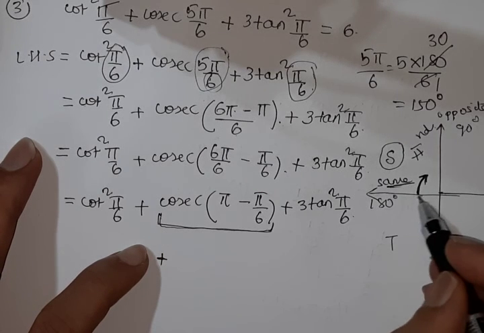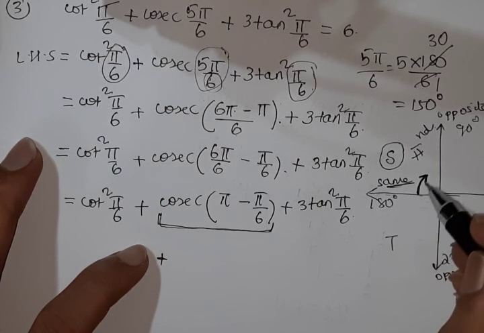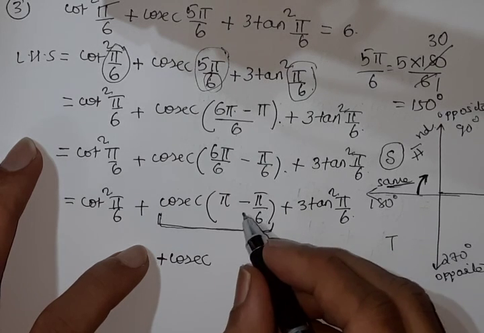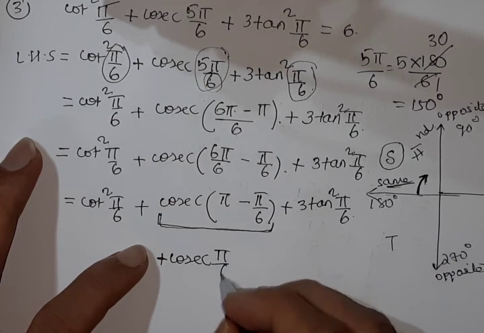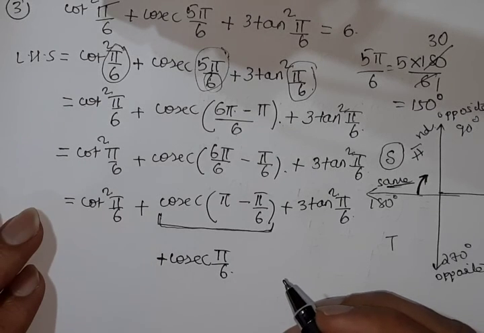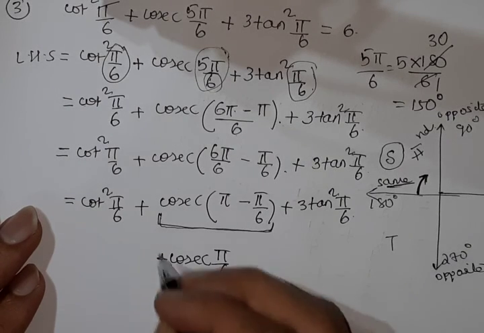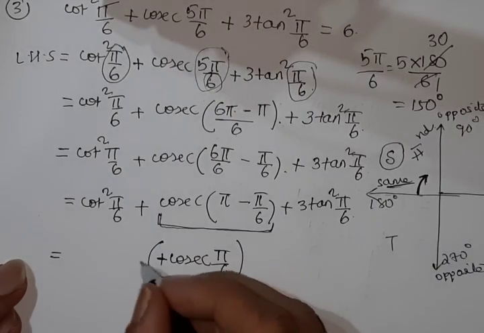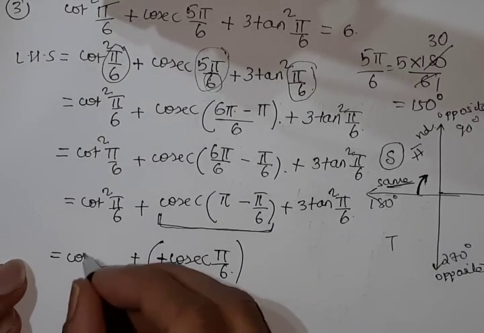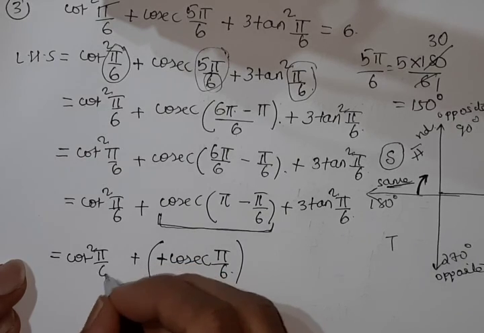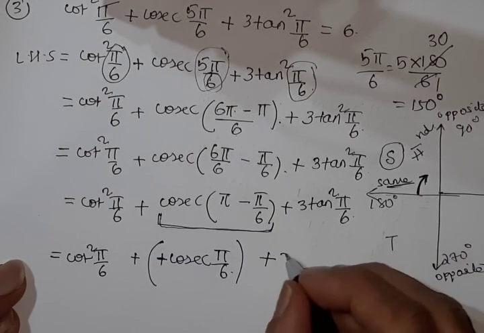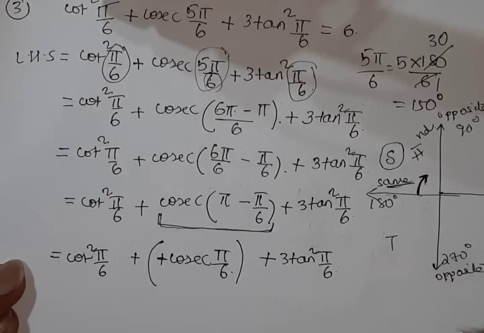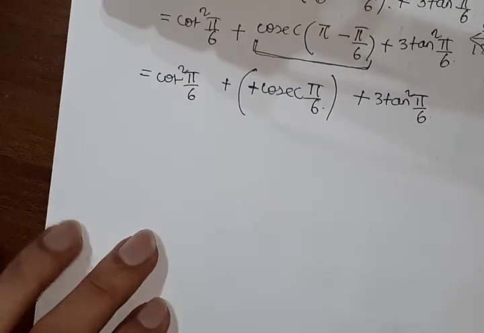You are going from 180, here I've written same, so the ratio will remain same, so that is cosec theta without the sign, that is pi by 6. So this is what this will be, and this we will write as it is. So cot square pi by 6 here, then plus 3 tan square pi by 6.